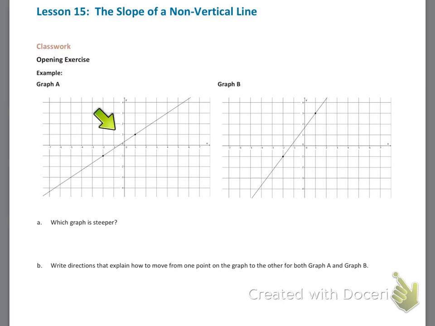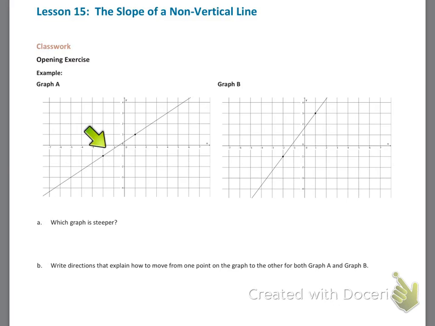And then part B says, write directions that explain how to move from one point on the graph to the other for graph A and B. Each of these graphs has 2 points labeled right now. Obviously there are other points on these lines, but 2 points are labeled. So which graph is steeper? And then write directions to explain how to move from one point on the graph to the other for both graphs A and B. Okay, so pause the video, do that, and then come back.